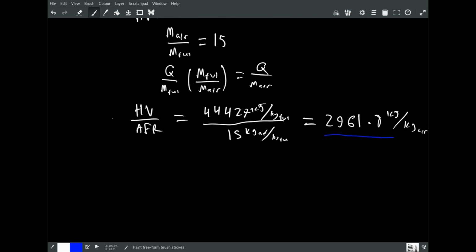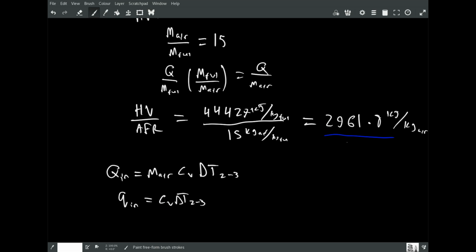We have Q in equals m air Cv, because this is a constant volume heat addition, and we have delta T from 2 to 3. So for constant volume heat addition, this is our equation. We don't know what the mass of air is, so we're leaving that variable, and we'll have lowercase q in, which is capital Q in over the mass of the air, equals Cv delta T from 2 to 3.